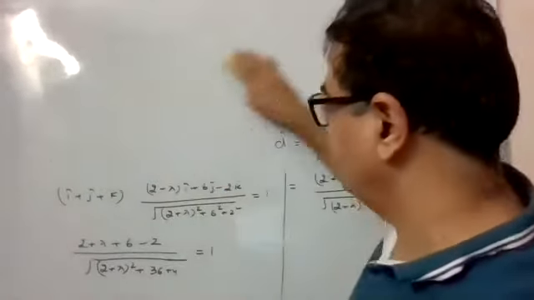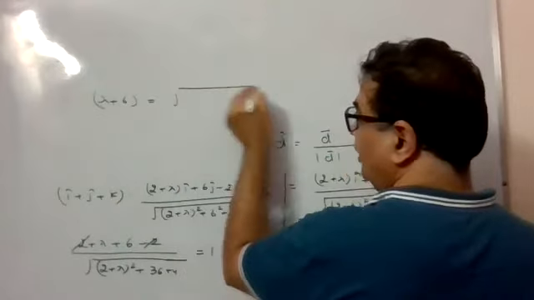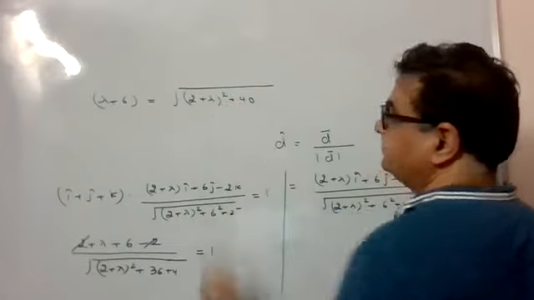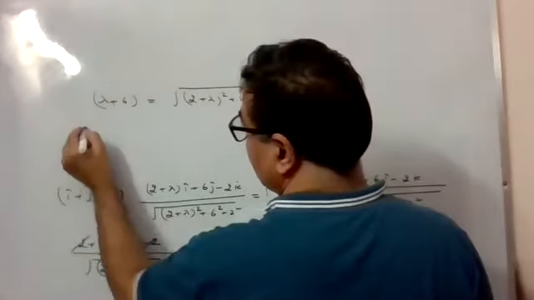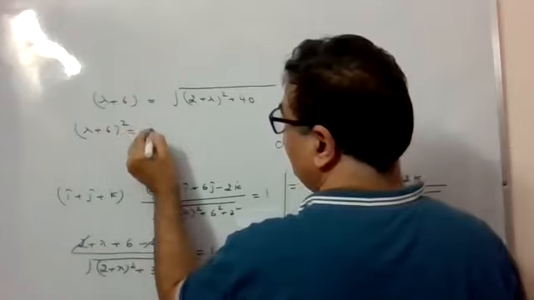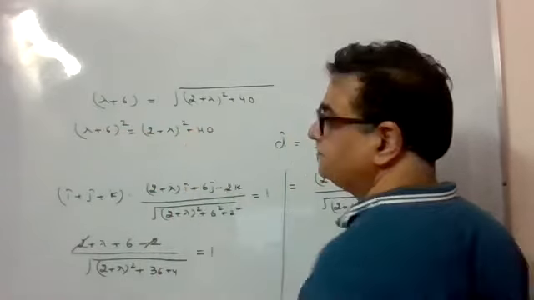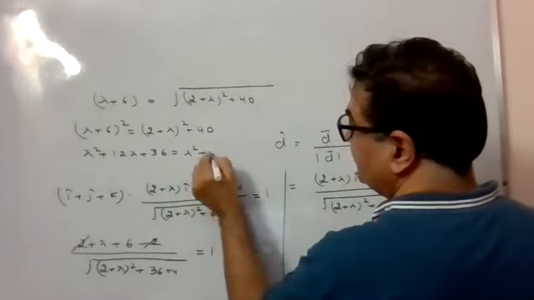And now when you solve it further, ऊपर 2 कैंसिल हो रहा है, it will come out to be lambda plus 6 equal to under root of (2 plus lambda) whole square plus 40. Now squaring both the sides, it will come (lambda plus 6) whole square will be (2 plus lambda) whole square plus 40. Now when you solve it, it will come lambda square plus 12 lambda plus 36 equals lambda square plus 4 lambda plus 4 plus 40.